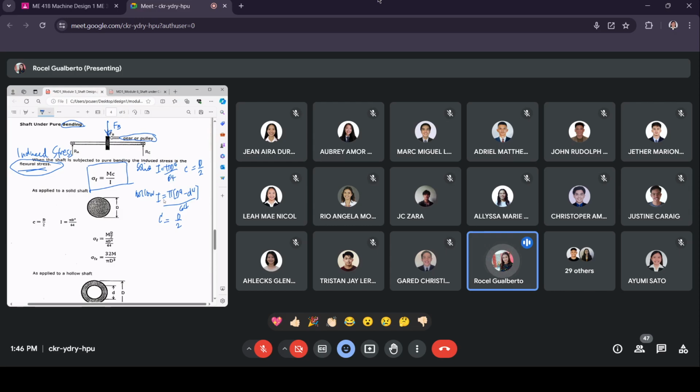With this, we can derive the equation for the flexural stress. For solid, flexural stress equals M times C, and C for solid is d over 2, over I, which is pi d to the fourth divided by 64.